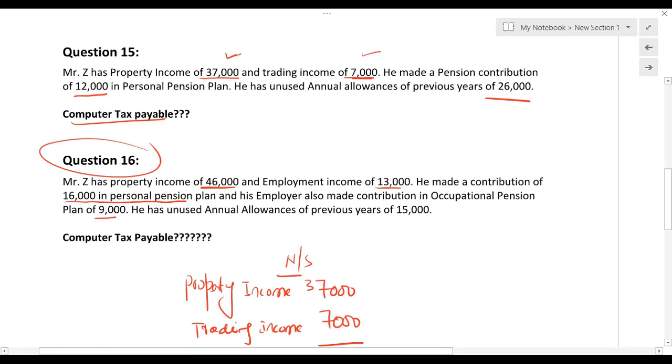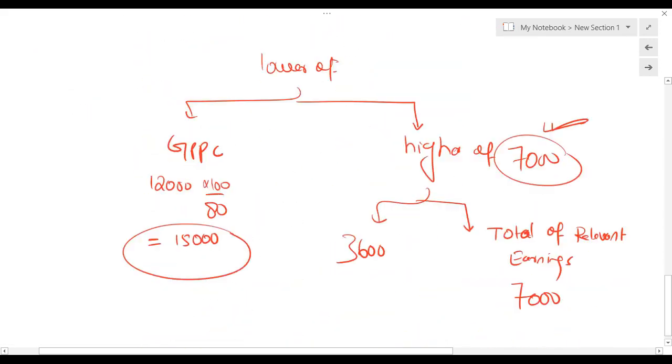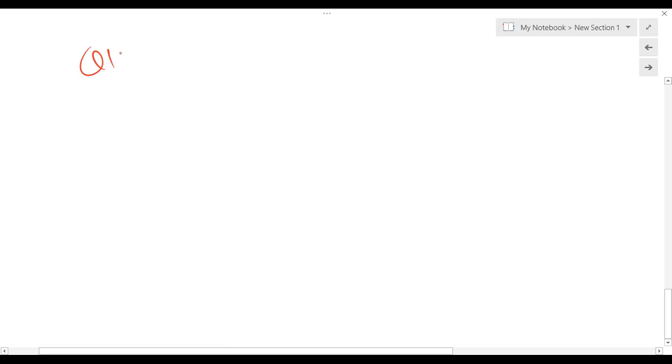When your employer is contributing for you in either an occupational pension plan or a PPC plan or even both, it is an exempt benefit for the employee. Previously he has an unused limit of 15,000. Okay. Property income is non-saving income. Employment income is non-saving income. So 46 and 13.